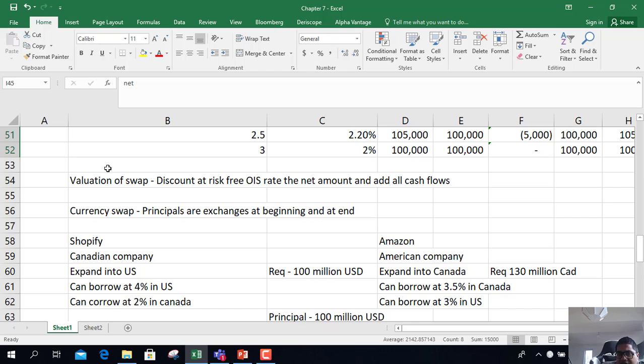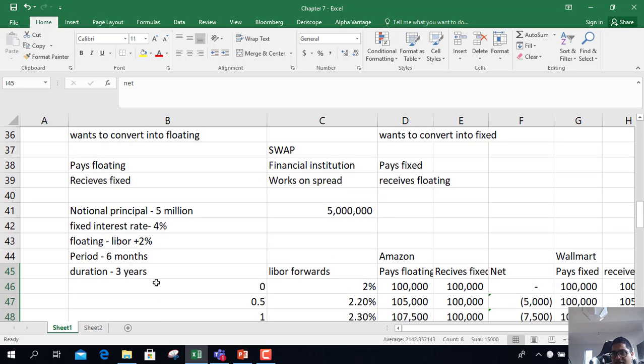Now, next concept is valuation of swap. So how do you do valuation of swaps? For valuing swaps, you calculate present value of netted amounts using risk-free rate.